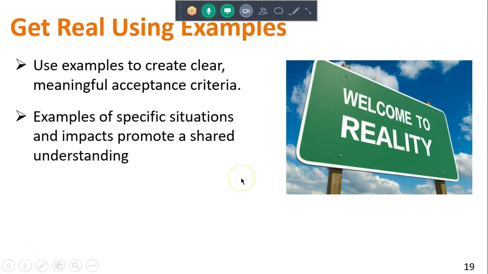Get real using examples. Okay, we're back to the classic principles. I like the idea of using examples for acceptance criteria. This is something where you can really tweak your business users, or your solution users, to say exactly what you need to do and under what circumstances.